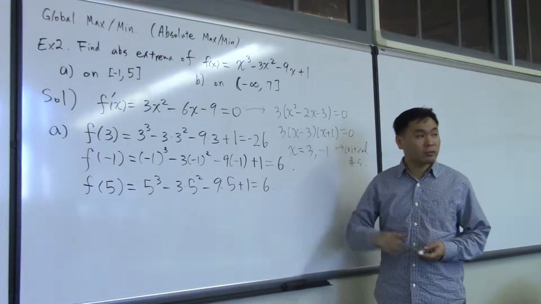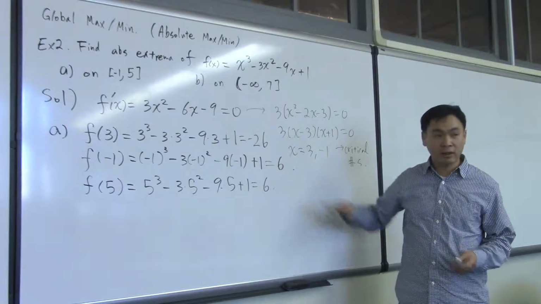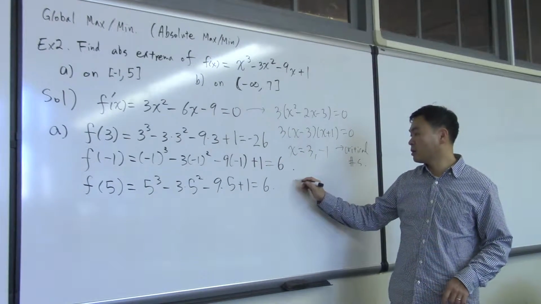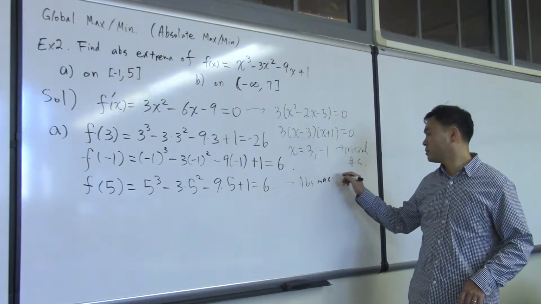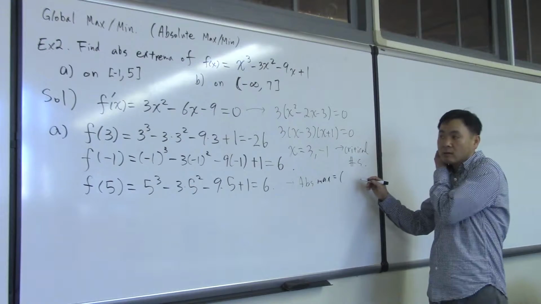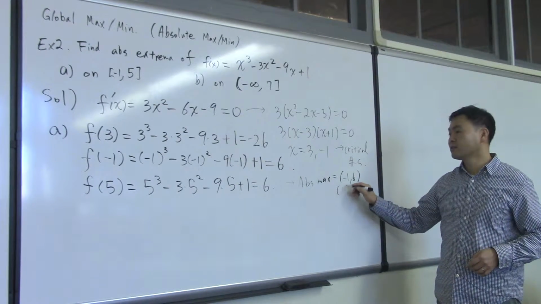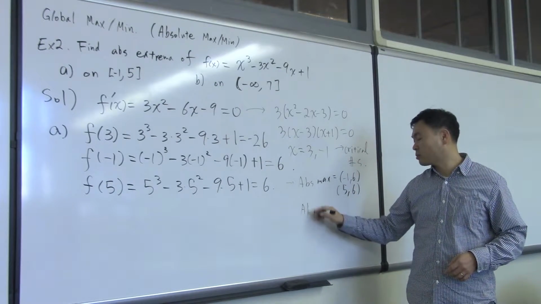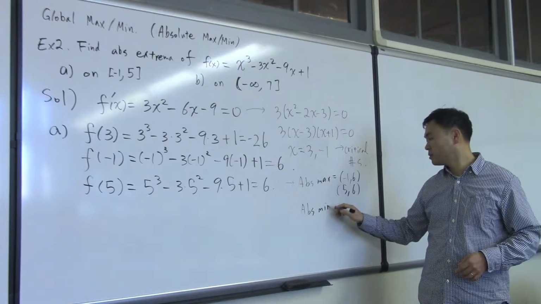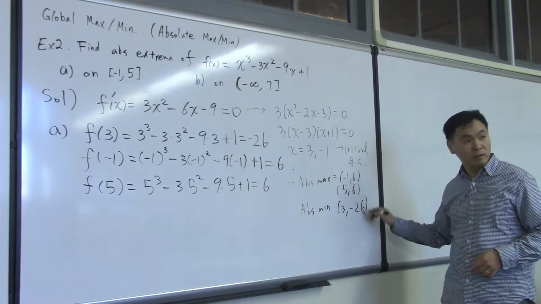So now you have the lowest value, negative 26, and 6 is the highest. So what's the answer? The absolute max is negative 1, 6 and 5, 6. You have two absolute maximums. How about the absolute min? 3, negative 26.